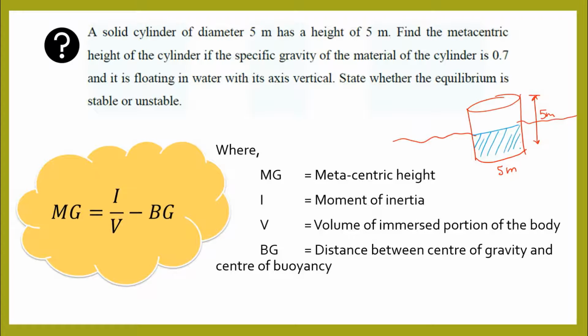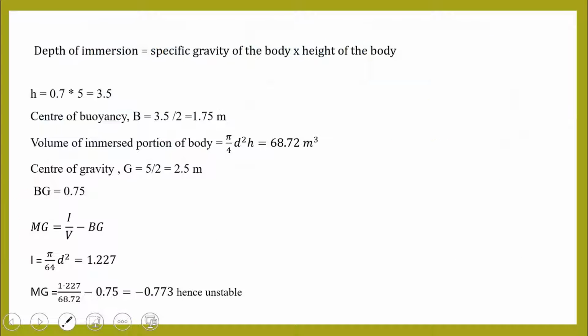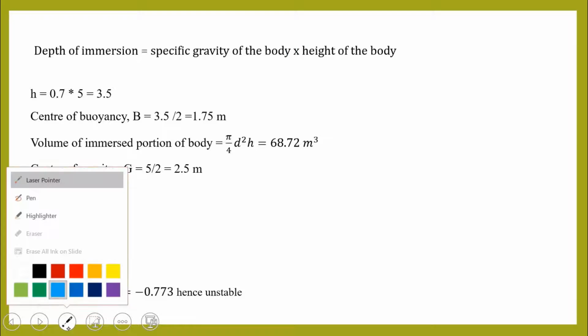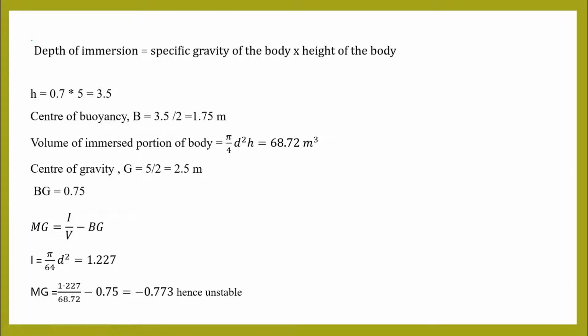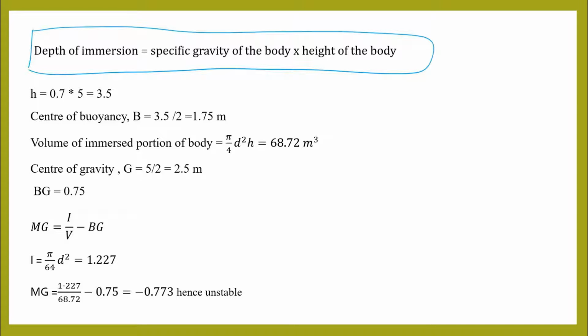We have to find the volume of the immersed portion alone. BG is the distance between the center of gravity and the center of buoyancy. Depth of immersion can be calculated using the equation: depth of immersion is equal to the specific gravity of the body into the height of the body. This is very, very important.